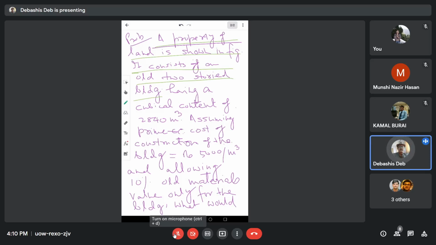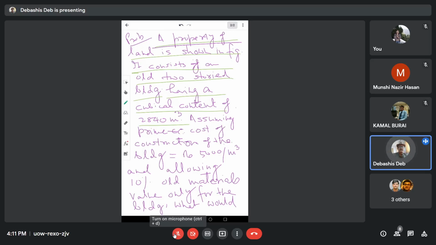The word old is very important. It is mentioned it is not a new one, old, having a cubical content of 2840 meter cube. Let me explain cubical content. Normally, I multiply the floor area by the height of every floor. Say I have a building of area 900 square meter.